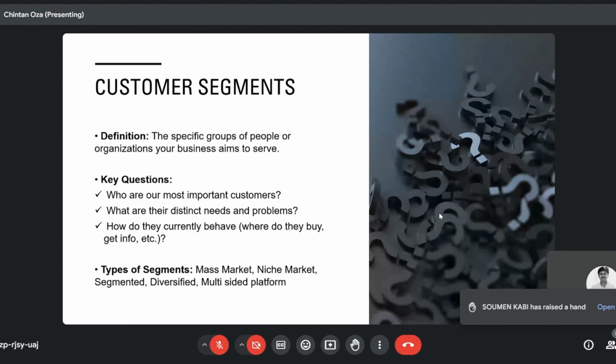Every age group has got a different product for them. Or it is diversified, a single brand making multiple offerings like Reliance and Tata Group. Or it can be a multi-sided platform like Amazon, where they are revolutionizing the business model and building a new platform by building a multi-sided platform.